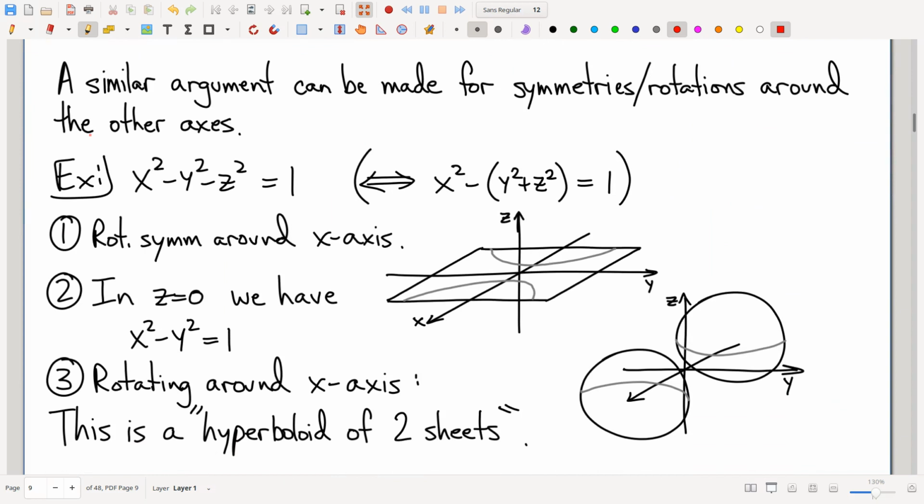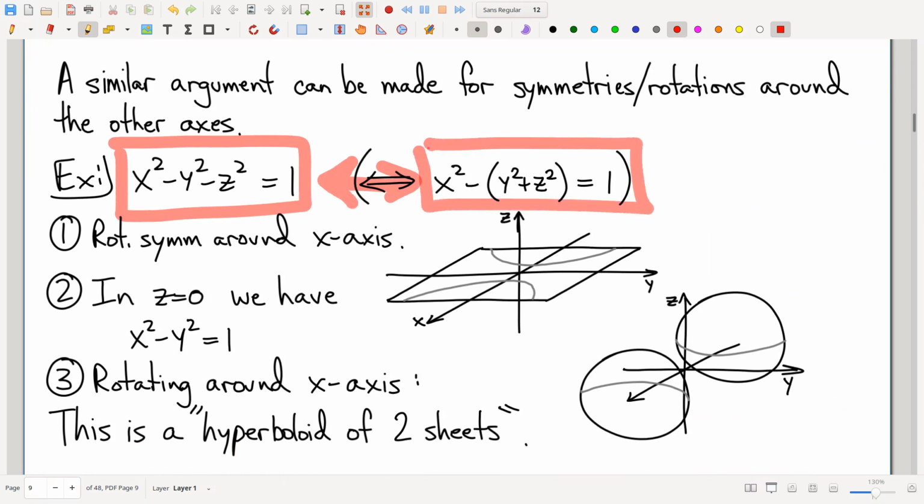In particular, in this case, looking at this equation, which of course is totally equivalent to this equation, feel free to look at whichever one's more convenient. Check it out. y and z appear only in the special form. Again, this is an exercise for y'all: because y and z appear only in the special form, this is going to be rotationally symmetric around the x-axis.